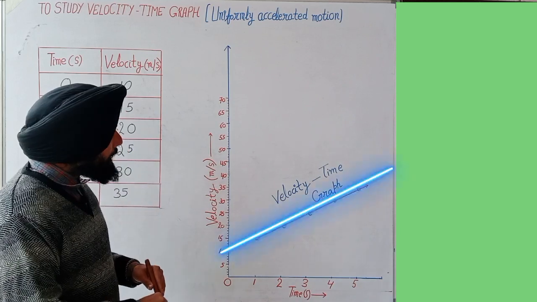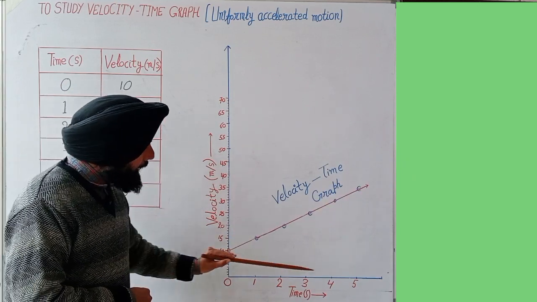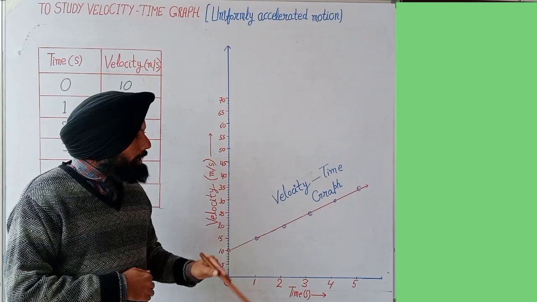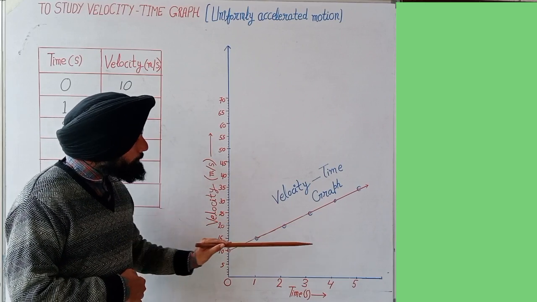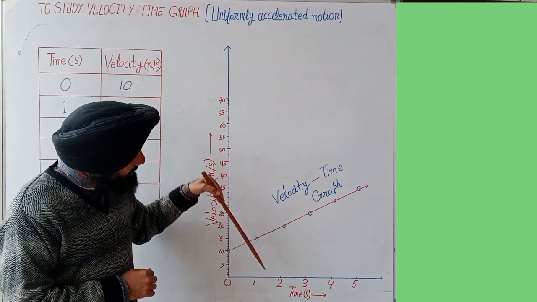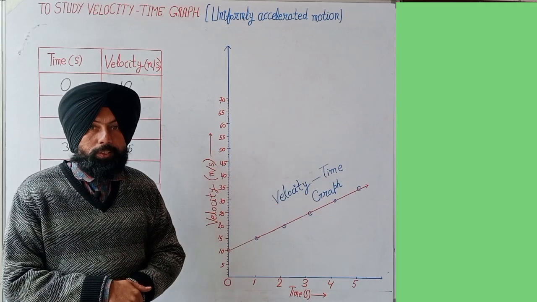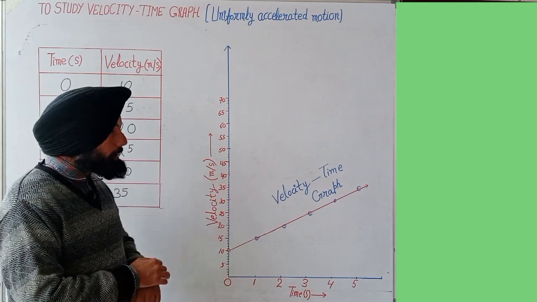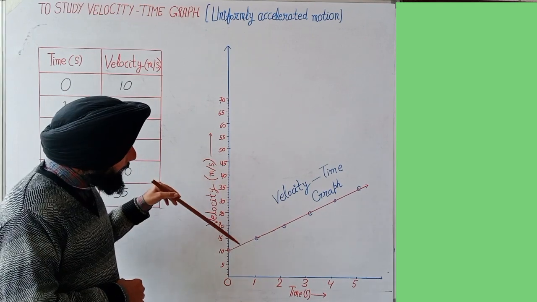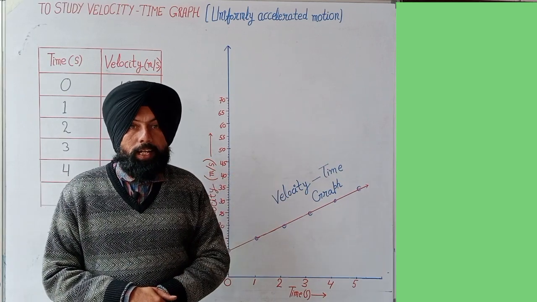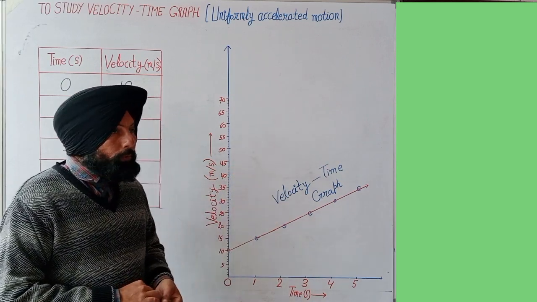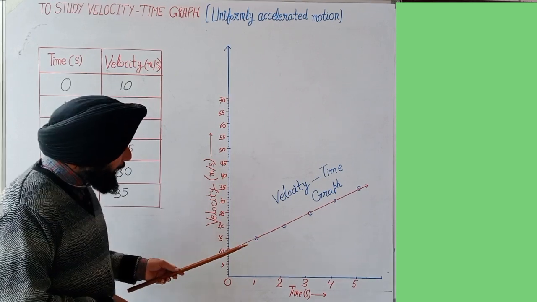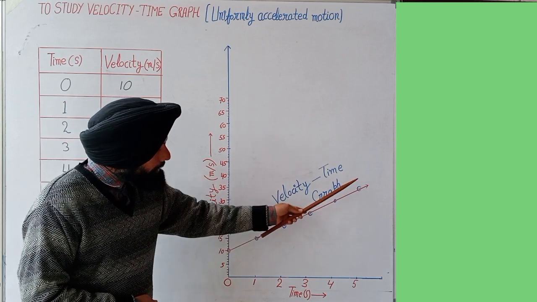In the exam, if this graph is in the question, and the question is what this graph represents, a straight line, with time on one side and velocity on the other side, then it represents uniformly accelerated motion.